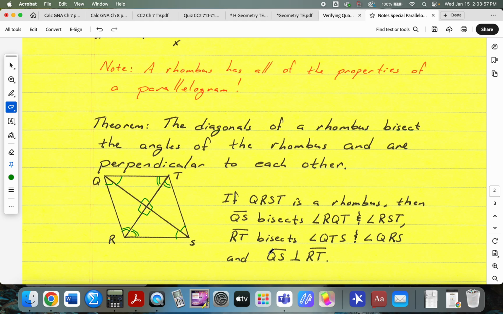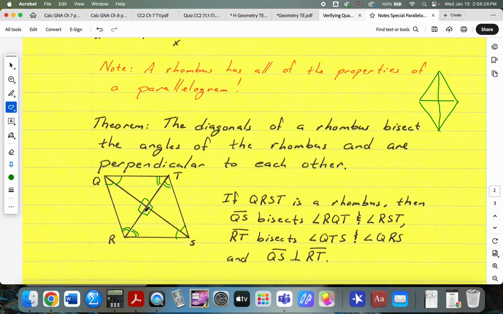So let me tell you what I think makes rhombuses easier. Most of the time they're drawn like this. If you take your paper and turn it so that it looks like this, I think it's a lot easier to see that those are right angles.